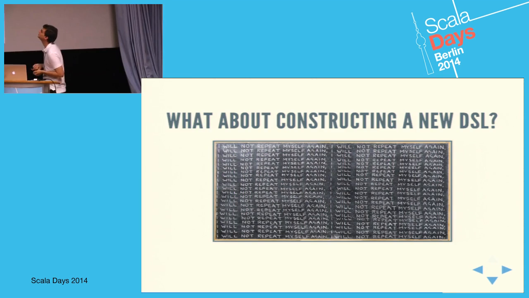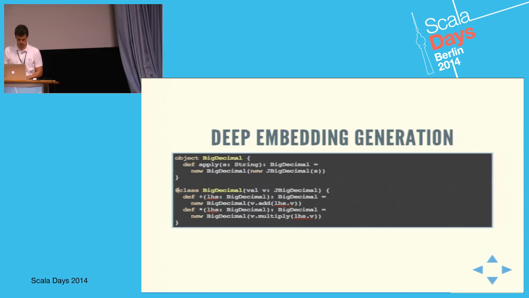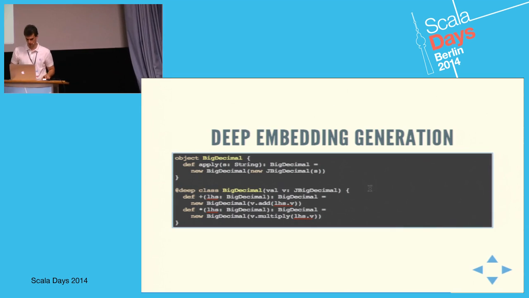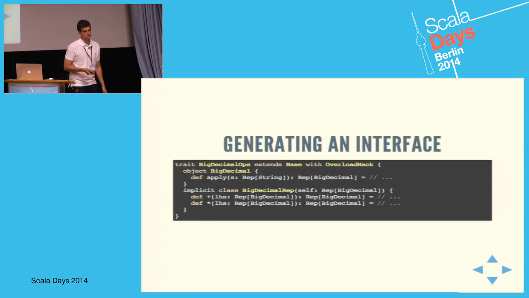So then what we decided is, well, we have the bodies, we have the methods, right? We know from the direct embedding how the deep embedding should behave. So why not do something like just like this, right? Say, we want to generate a deep embedding for this, right? And then out of this, we build this ops and all this boilerplate.